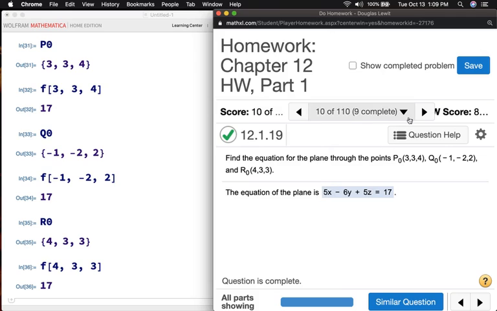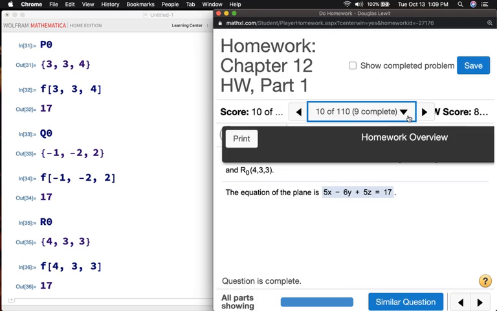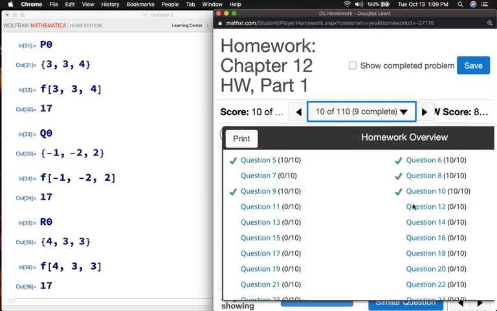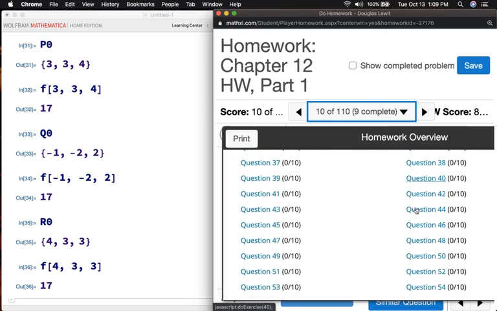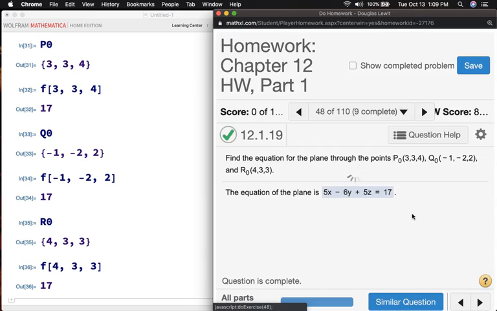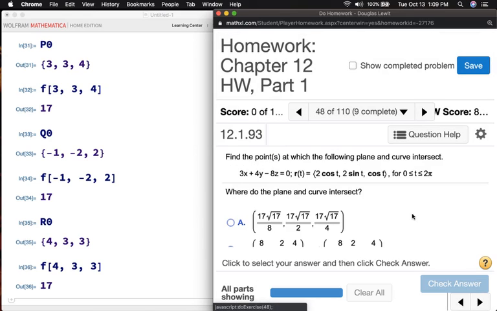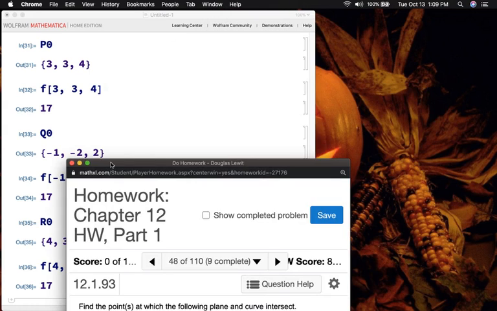Okay, let's take a look at, I believe the problem I looked at last night was 48, which was a little tricky, and I thought it was really interesting.